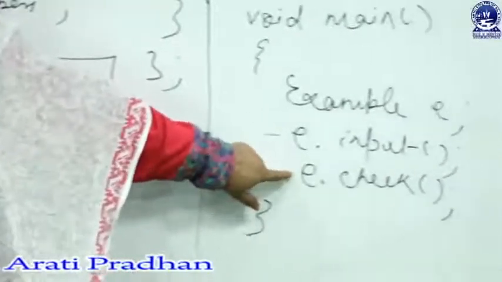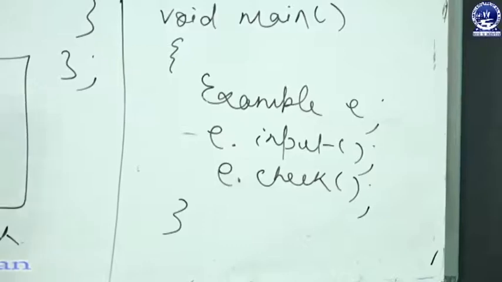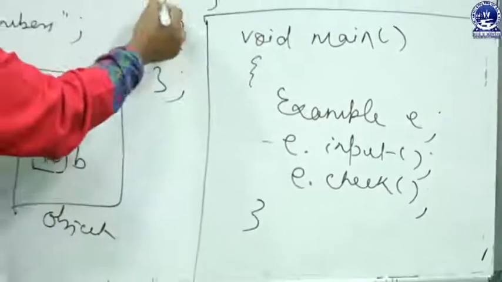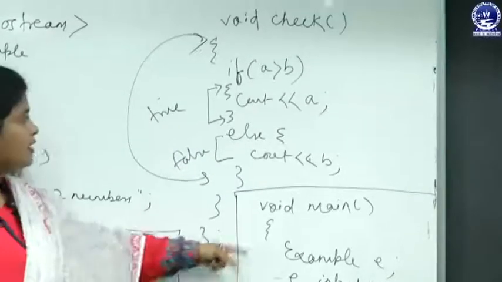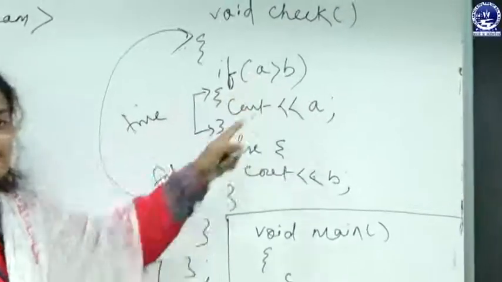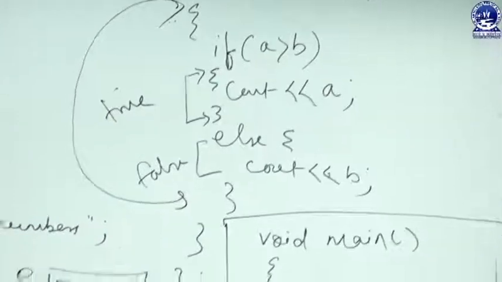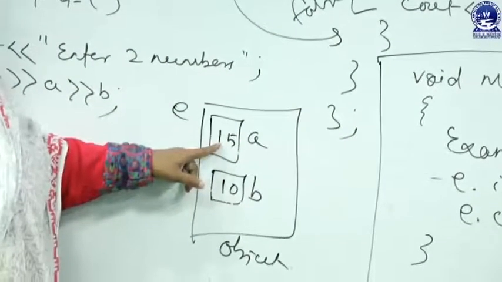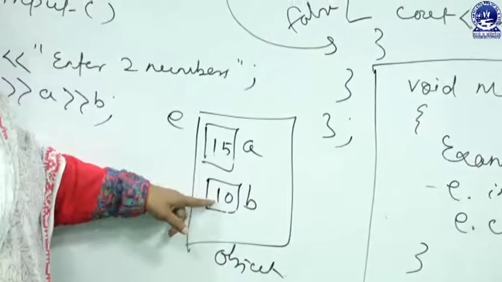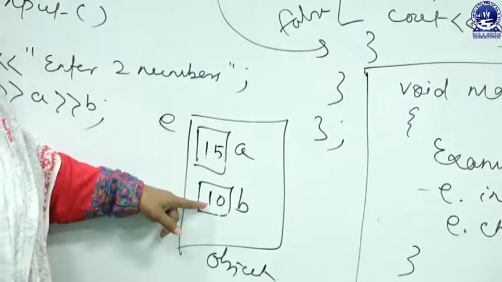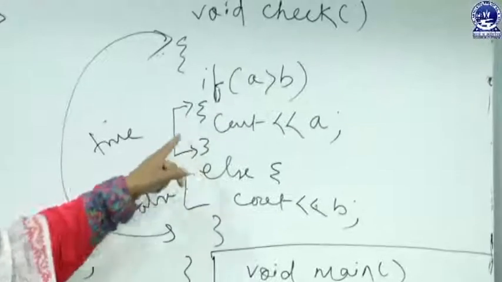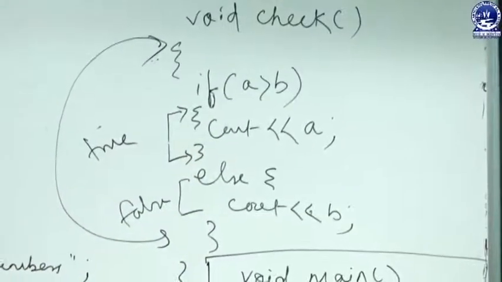Then when you are using E dot check, this function will be executed, and as the a value is greater than b here, as a consists of 15 and b consists of 10, that is why the if part or then part or true part will be executed. Okay. You will get answer 15.